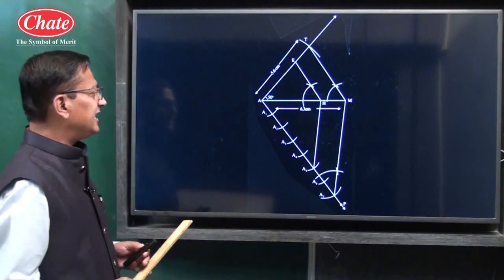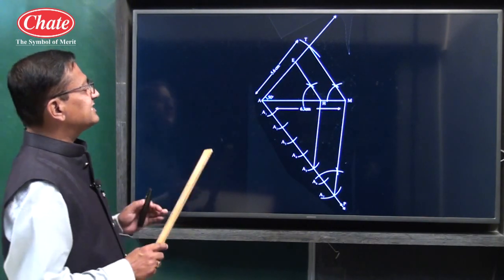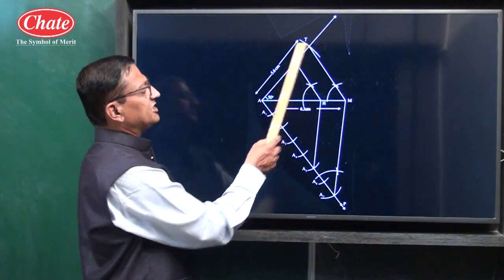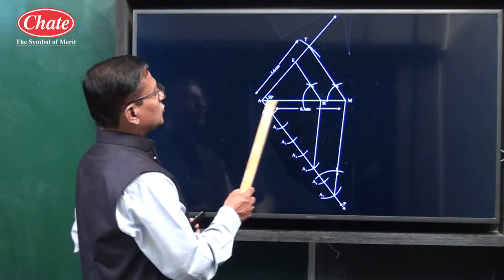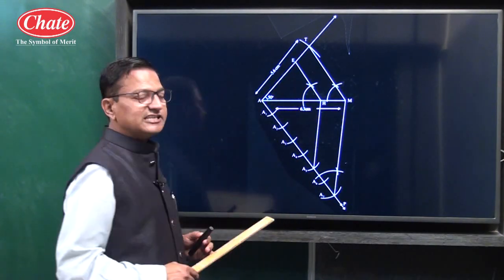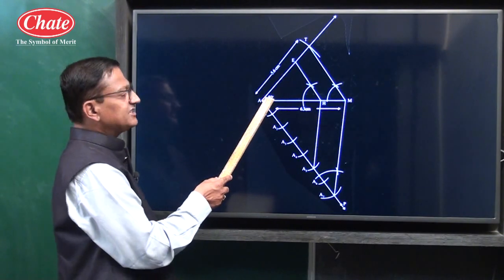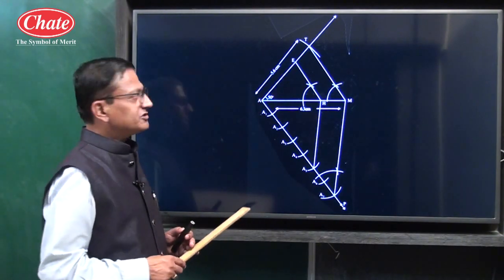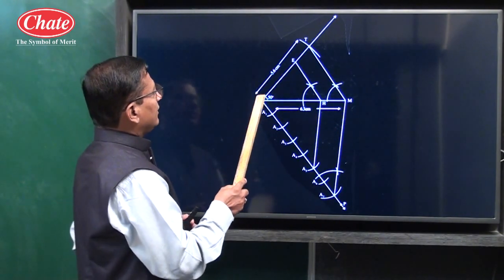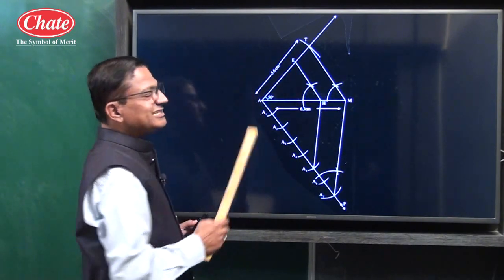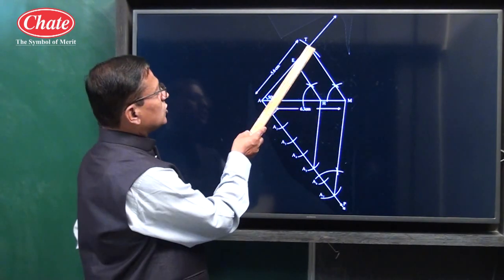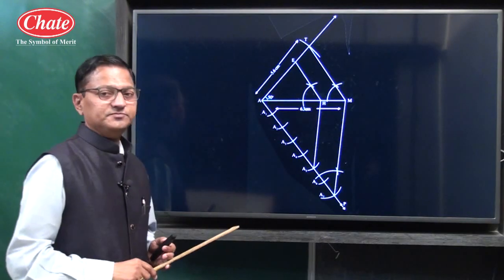See here once again. First we draw triangle AMT. How? Draw AM first with 6.3 centimeter. Take angle 50 by using protractor. Take distance 5.6 by using compass. Draw segment TM.